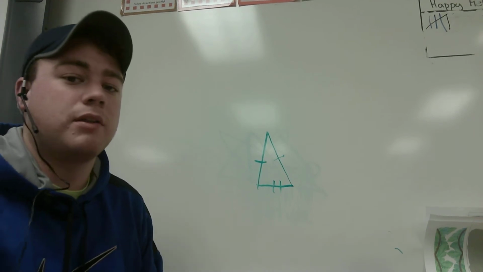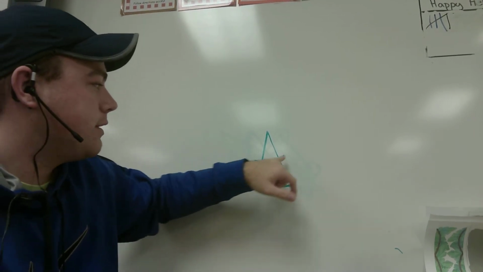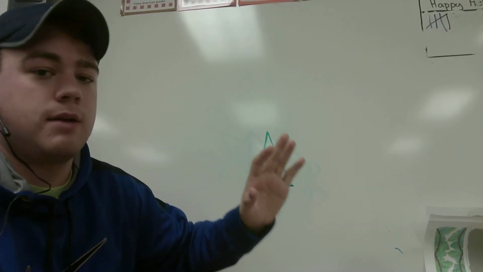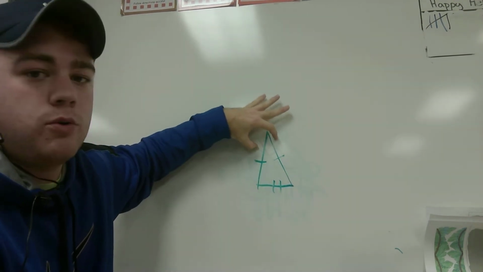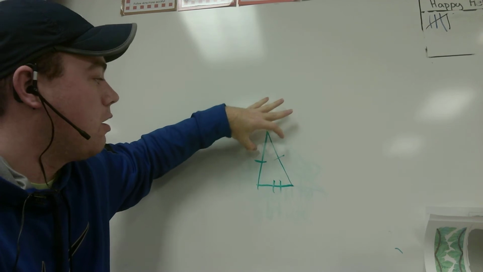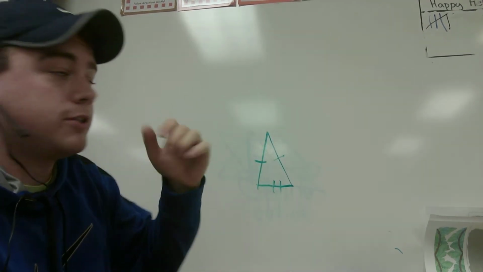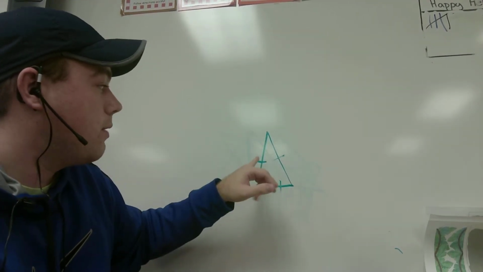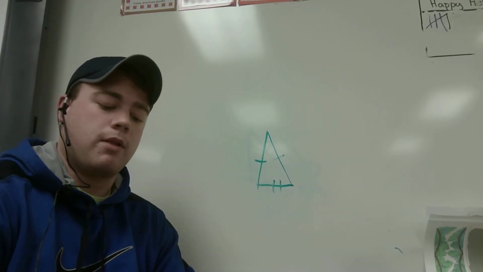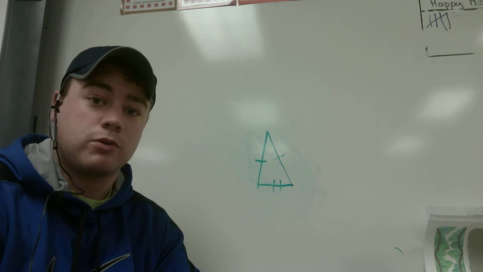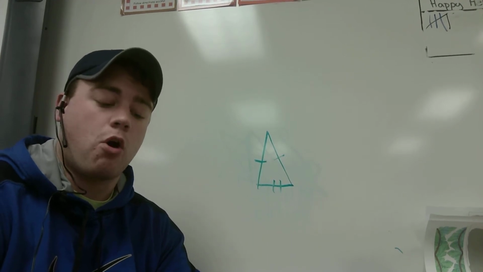So if you look, these two sides right here are the same size. So this is going to be an isosceles triangle. So remember, let's review. Equilateral triangle, all three sides are equal. Your isosceles triangle, two of the sides are equal.